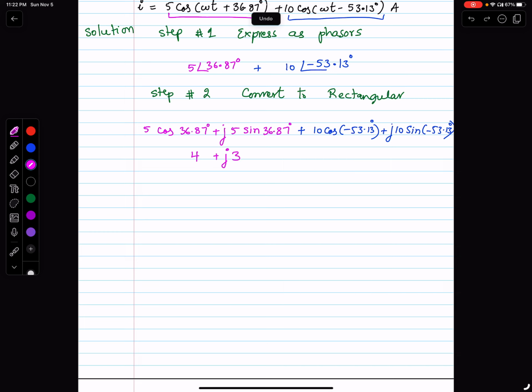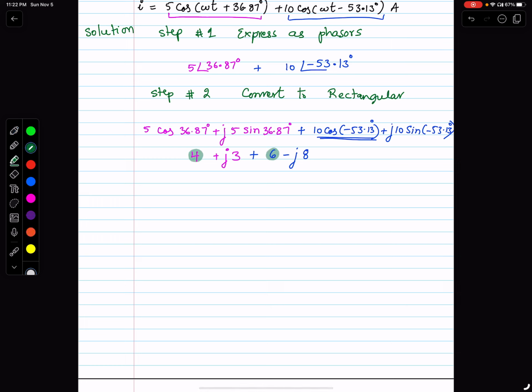Similarly, 10 cosine negative 53.13 is really 6. Ask your calculator, it will tell you that j10 sine negative 53.13 is negative j 8. Okay, so now the addition operation is pretty straightforward.